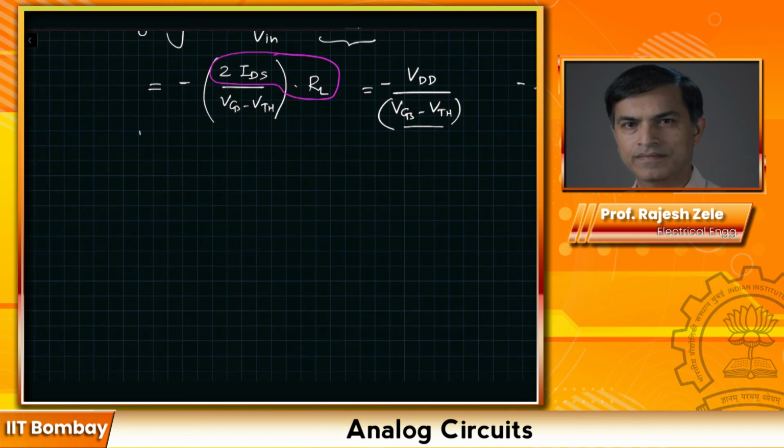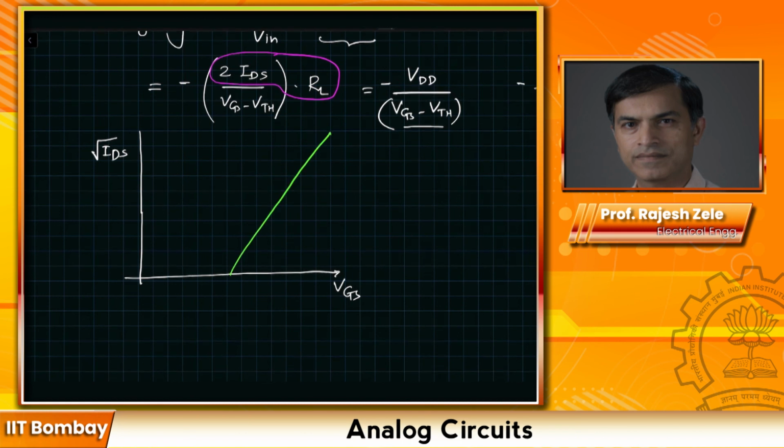If you remember, in previous classes, we had plotted square root of IDS on the y-axis versus VGS on the x-axis. In that case, we said since it's square root of IDS, it should be a linear curve, and it would look something like this, and this would be your VTH.